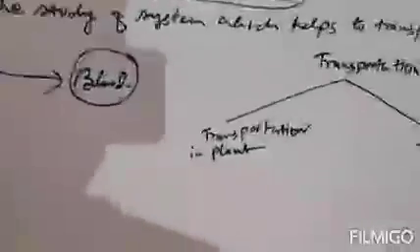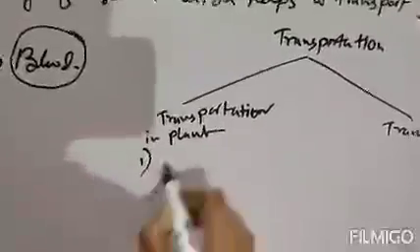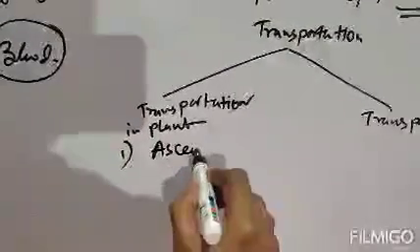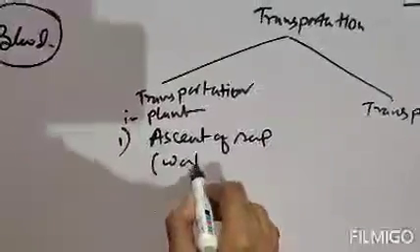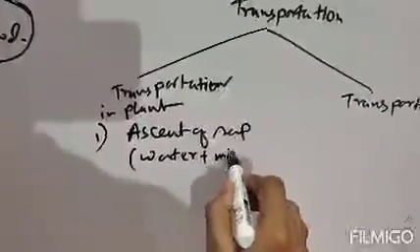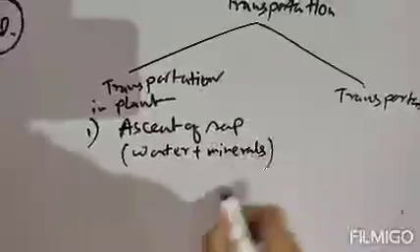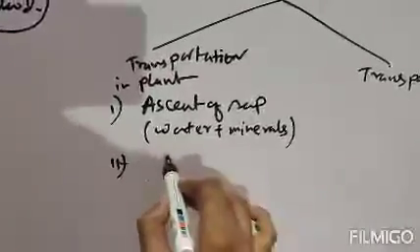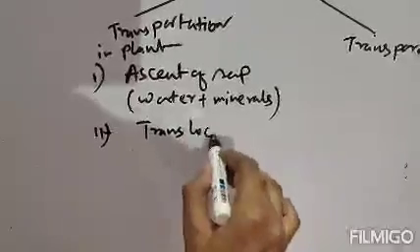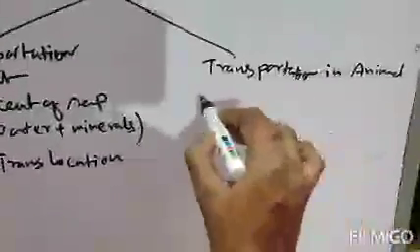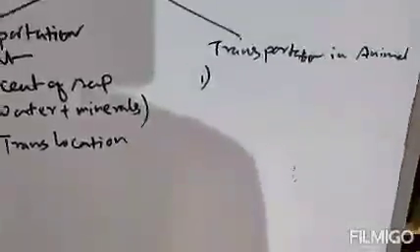So transportation in plant occurs in two ways. One is ascent of sap, that is water plus minerals, and number 2 is translocation. Clear? And transportation in animal also occurs in two ways.